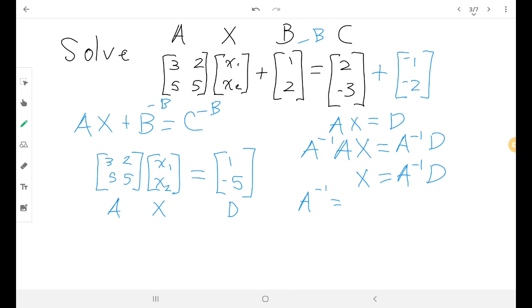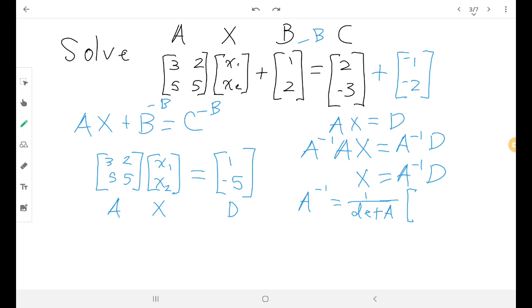A inverse is 1 over the determinant of A times a new matrix, which we get by using A, and we take this diagonal and exchange the numbers.